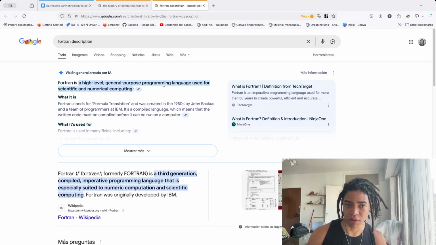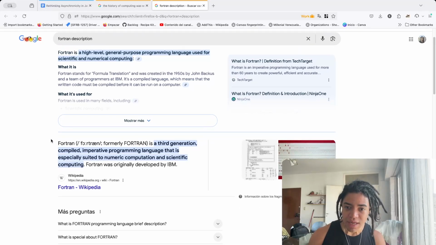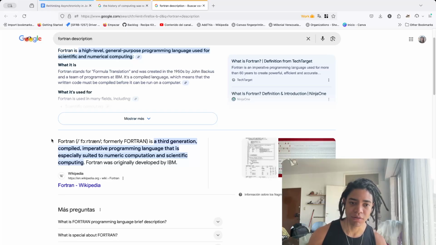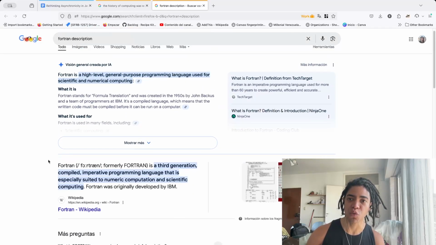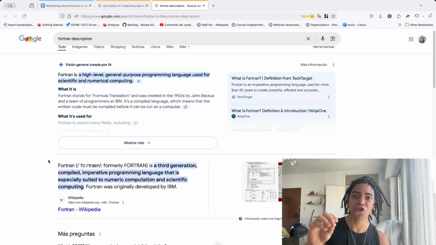It's a high-level programming language, the beginning of something new, originally developed by IBM, International Business Machines. Fortran was the kind of language where we don't need to know all of this intrinsic low-level stuff to move a register from one place to another, like in assembly, but is a more human way to describe our programs.